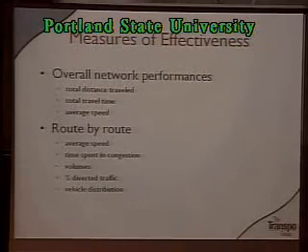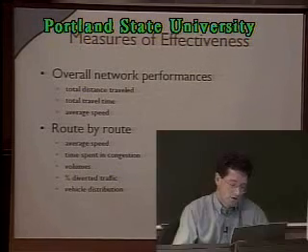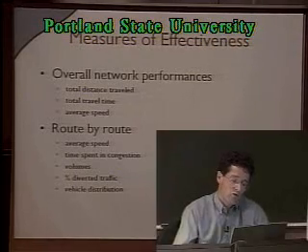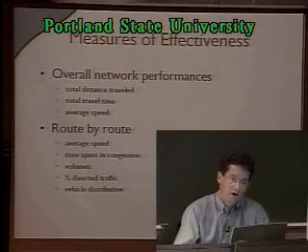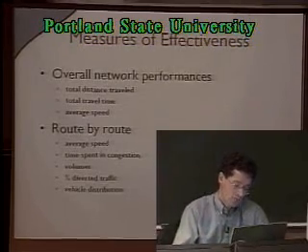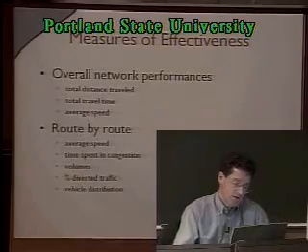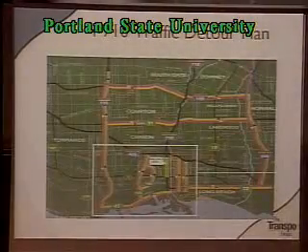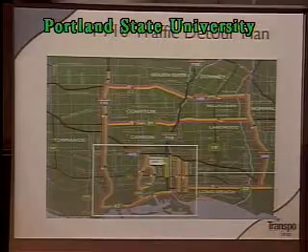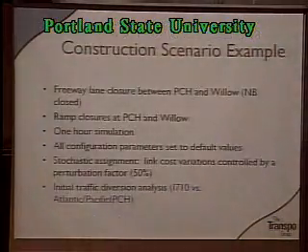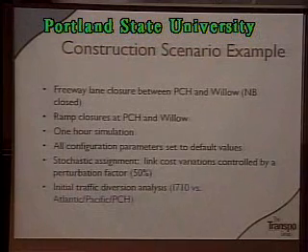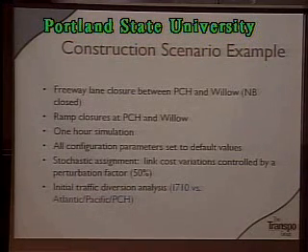These are some examples of measures of effectiveness, statistics that you can look at as an output of the simulation. You can look at overall network performances or route by route, and some detailed measures of effectiveness. I'm going to move quickly on this so that I can get to the last application area.